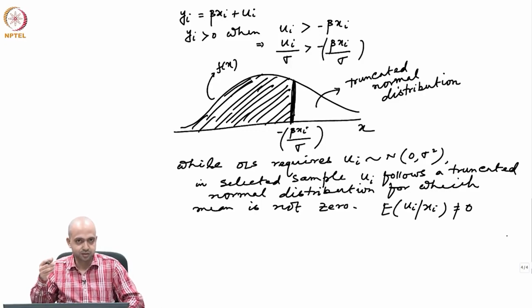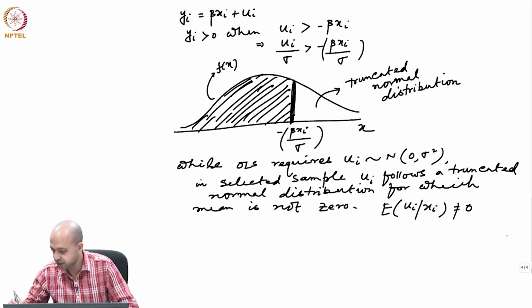And secondly, ui does not follow a normal distribution which is required for OLS to be applicable. Rather, ui follows a truncated normal distribution. That is what we said.